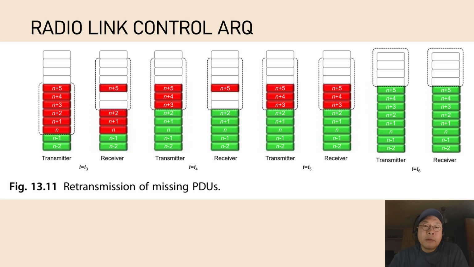Finally, the transmitter requests a final status report to confirm complete delivery up to PDU N+5. This mechanism ensures reliable delivery and prevents unnecessary retransmission delays.